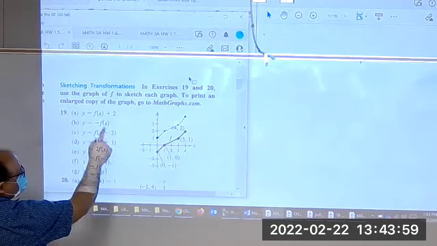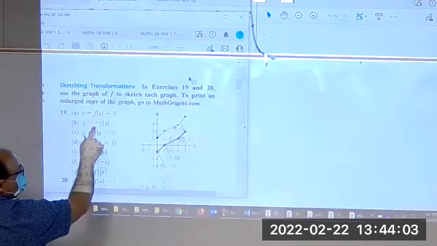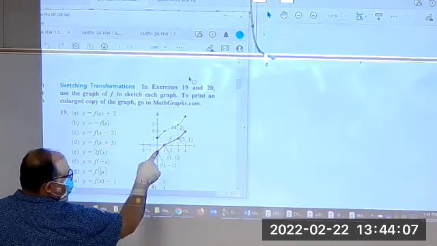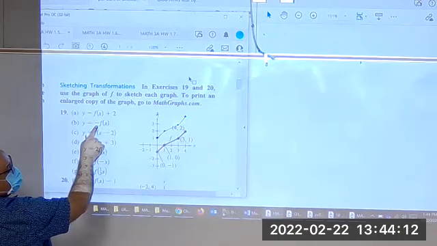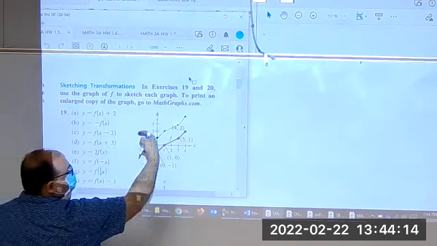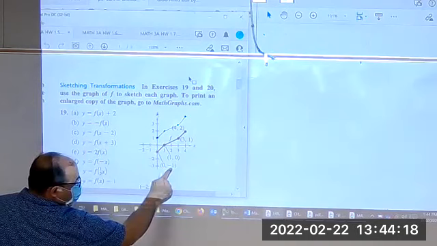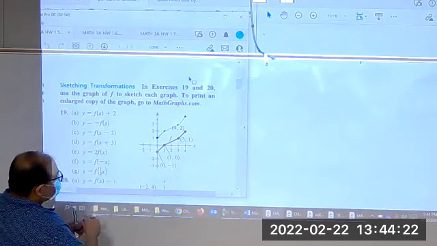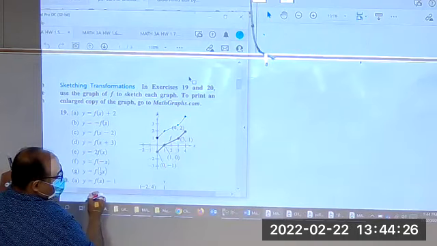I'll do B on the same one. y equals the opposite, negative f of x. So we're going to take this old picture and it's now the opposite, and that's a reflection across the x-axis. We're going to flip it down here. In other words, the opposite of -1 is now +1.